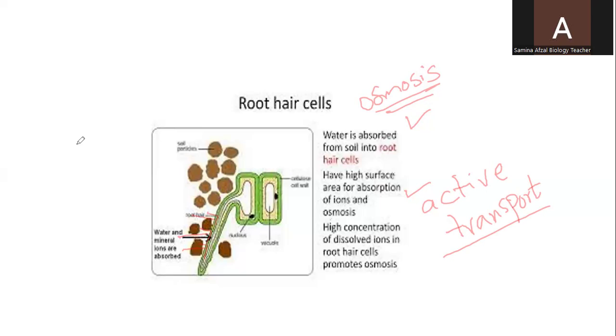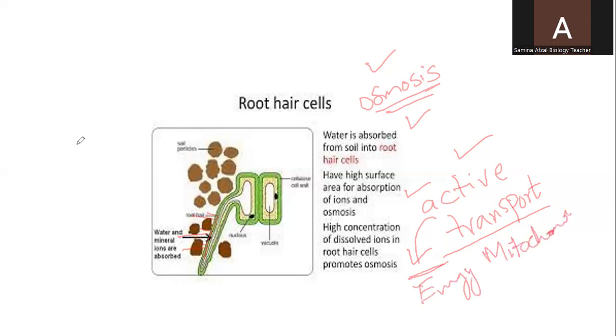So these processes take place in the root hair cells, and for the movement of molecules, energy is required. When the minerals move against the concentration gradient, energy is required. Energy is provided by the mitochondria.